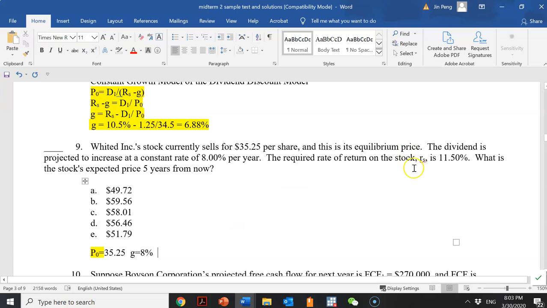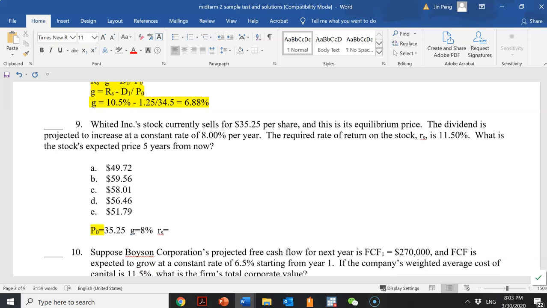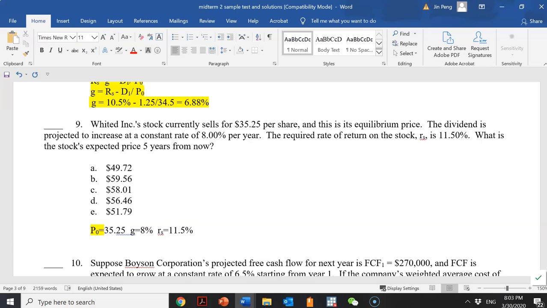RS equals 11.5%. Okay, we're looking for P5.